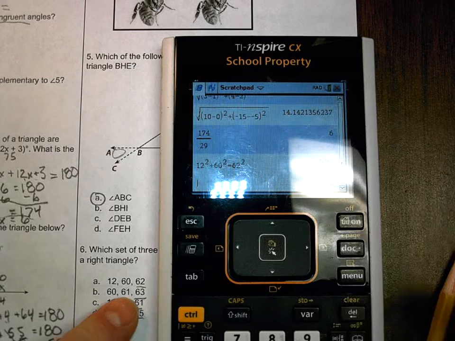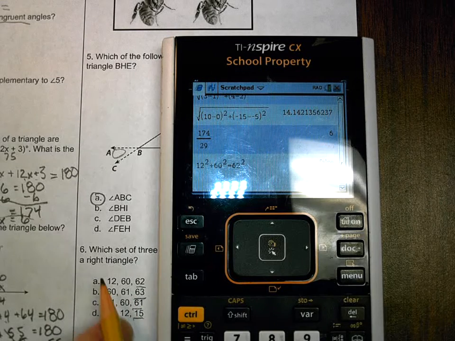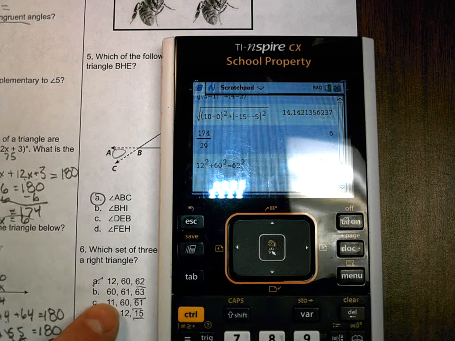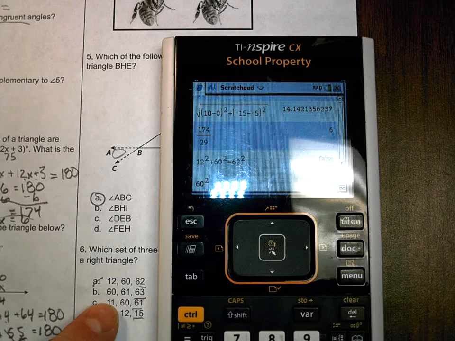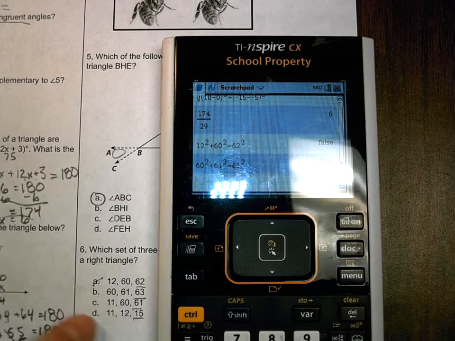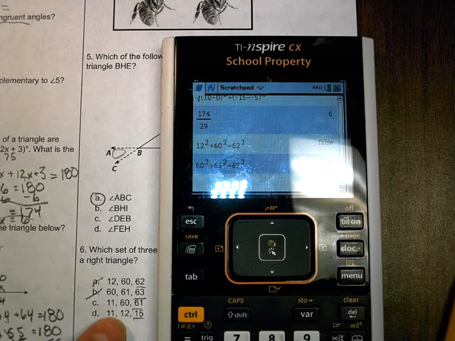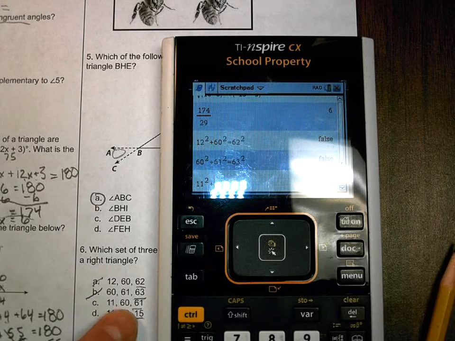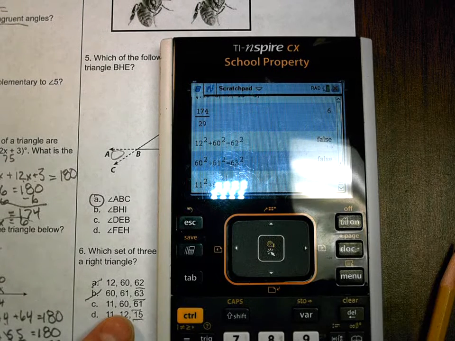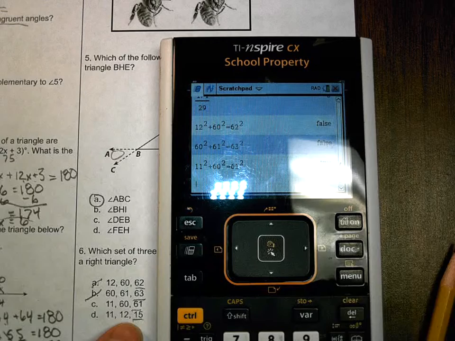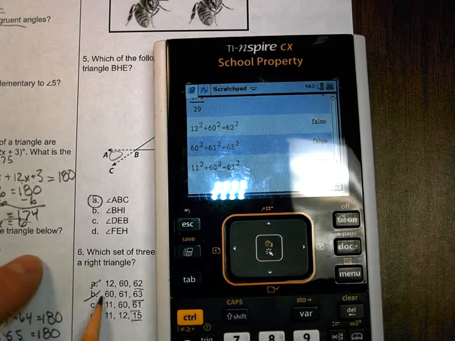My calculator says that's false, so that is not the right answer. I go to B. 60 squared plus 61 squared equals 63 squared. That is also not true. It says false. Go to the next one. 11 squared plus 60 squared equals 61 squared. That one says it's true, so that is a right triangle.